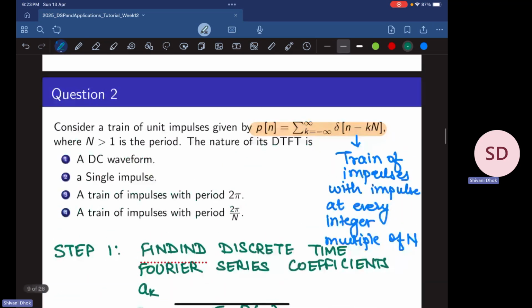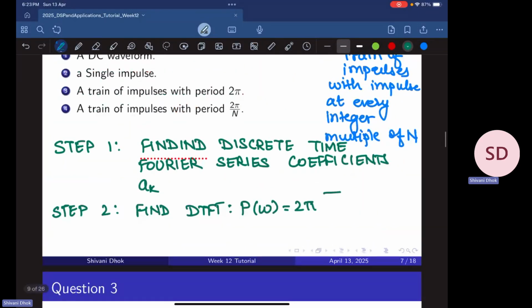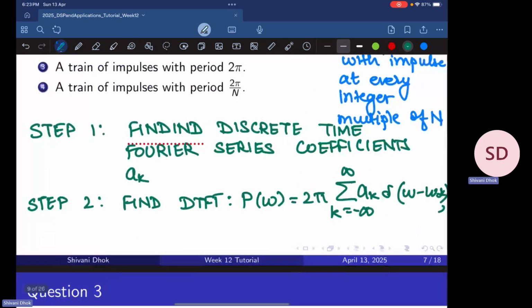Let P of omega be the DTFT of p of n, which is equal to 2 pi summation k running from minus infinity to infinity a_k delta of omega minus k omega naught, where omega naught is the fundamental frequency.